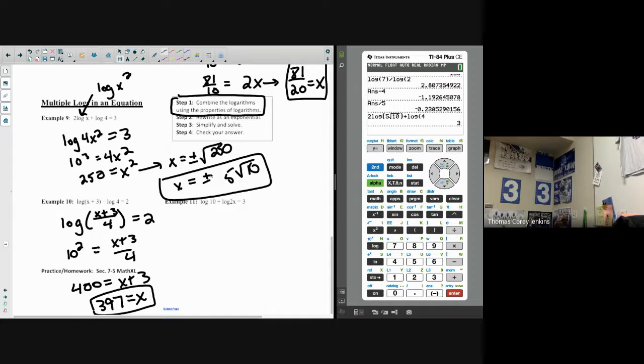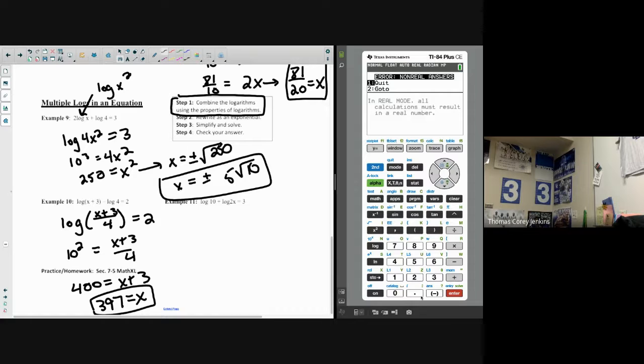Now watch what happens if we do the negative version. Easy to forget, like I just looked at my notes, or I wouldn't have thought of this, but when I do negative 5 square roots of 10, plus log of 4, I get an error. Okay, that's because in this case you can't do the log of a negative.